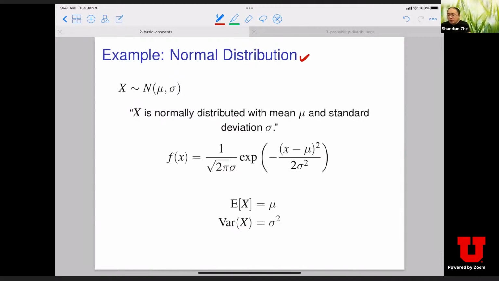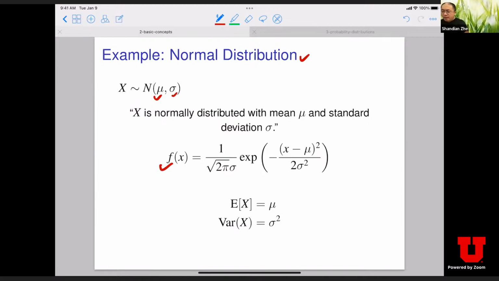The normal distribution is usually determined by two parameters: one is called the mean parameter, and one is the standard deviation. So if a random variable follows a normal distribution, all we need is to know the mean and the variance or standard deviation, and you know everything about this distribution.